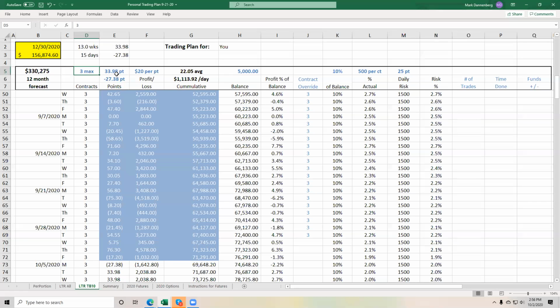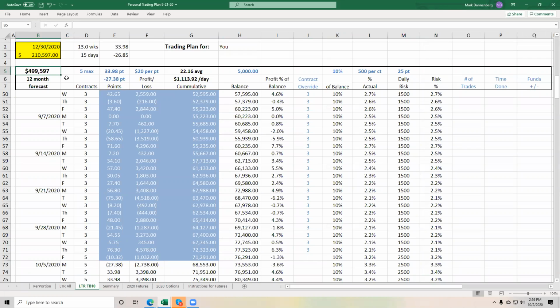If you're comfortable with your run rates and you see a $330,000 potential income, well, maybe you're someone who says, listen, I want to trade up to 5 contracts. And I've got to lock in the 3 here on the 2 days that we just entered. And all of a sudden, your potential income adjusts to just under 500,000.